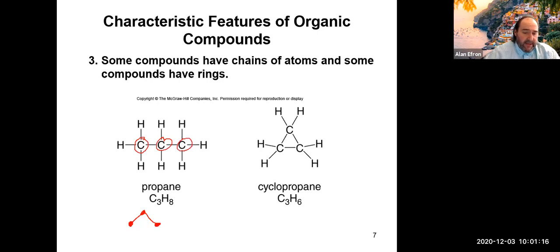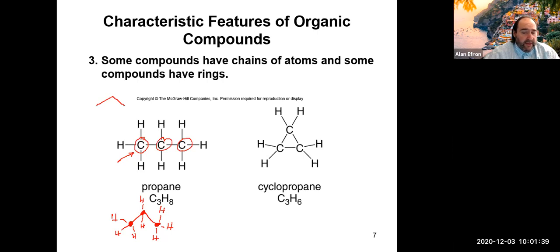Also assume that, as you can see up here, there are three hydrogens attached here. That gives that carbon four bonds. There would be two hydrogens here, which gives that carbon four bonds, and three hydrogens here, which gives that carbon four bonds. So again, in line structure, we typically don't put any of that in. It just looks like that.